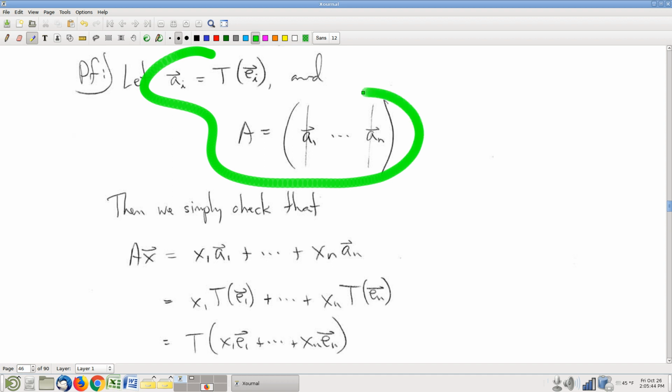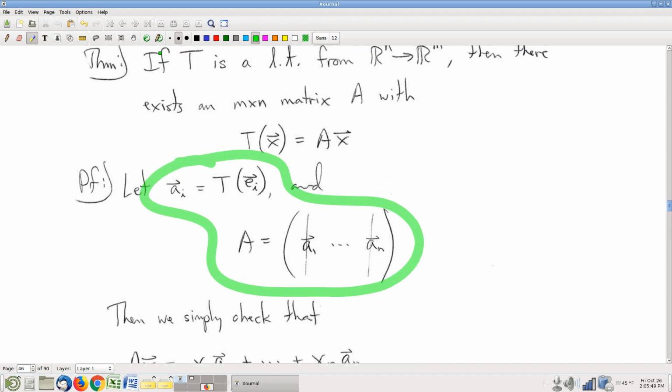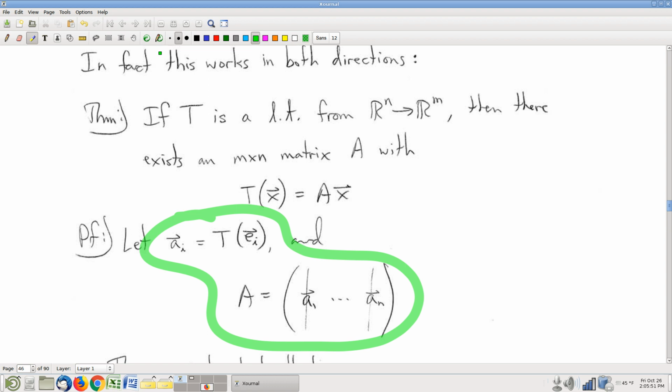The matrix is defined by its columns, one at a time. Each column is the image of the corresponding standard basis vector. I claim that this works. You take your linear transformation, see what it does to all the standard basis vectors, and make those outputs the columns. This is the matrix that represents that transformation.